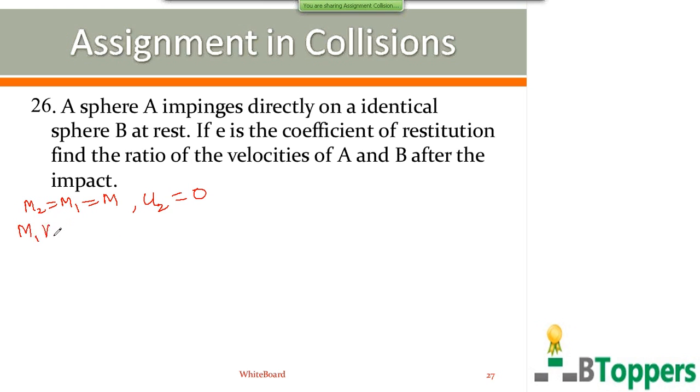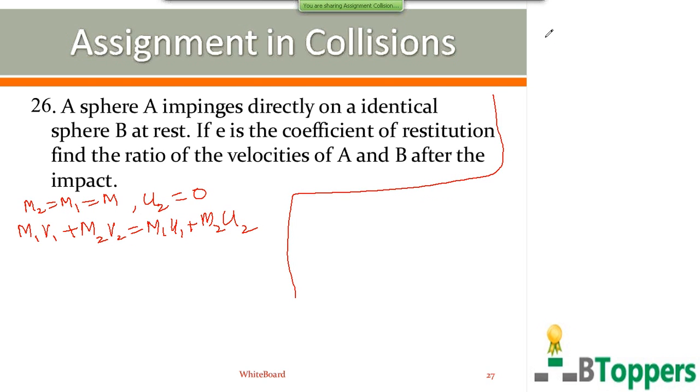So for any one-dimensional collision, you can write m1 v1 plus m2 v2 equal to m1 u1 plus m2 u2. Any problem in one-dimensional collisions can be solved by using these two equations. First equation: m1 v1 plus m2 v2 equal to m1 u1 plus m2 u2. Another equation which you can apply is e equal to (v2 minus v1) by (u1 minus u2), or v2 minus v1 you can write e times (u1 minus u2).